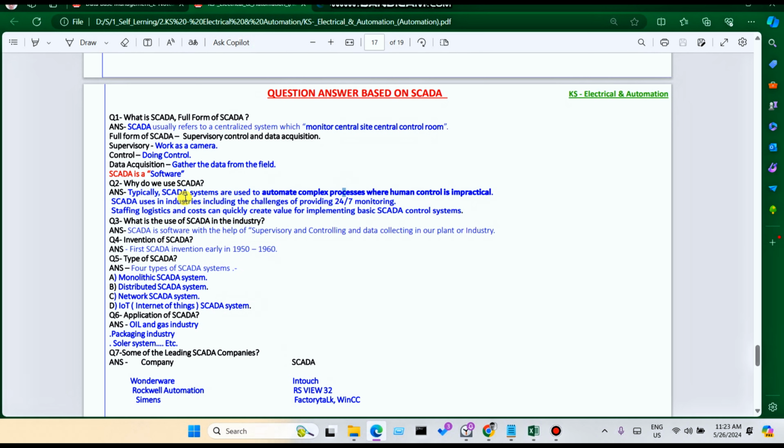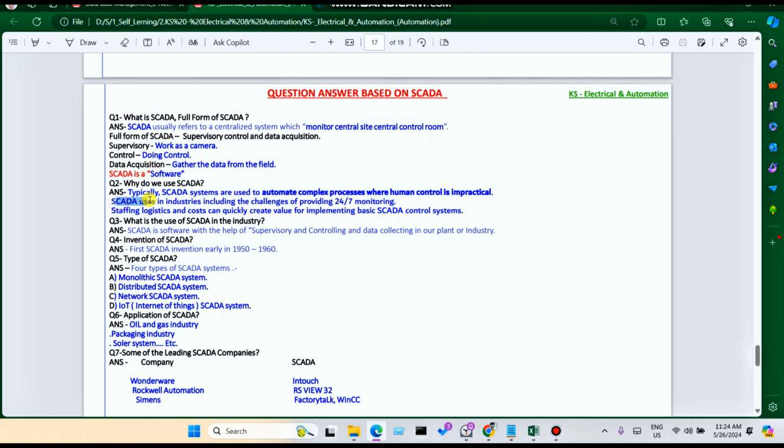We can easily automate any complex process, for example a dairy plant, oil and gas plant, RO plant and any other plants, where humans can easily control the plant through SCADA.